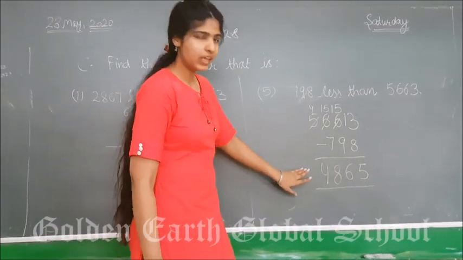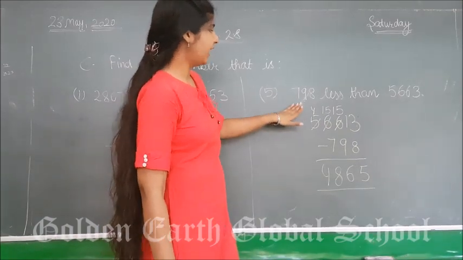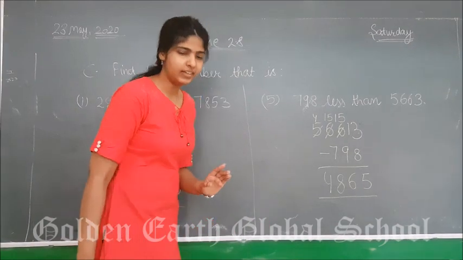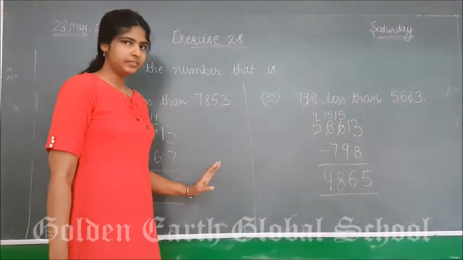So 4865 is the number that is 798 less than 5663. The rest parts you have to solve by yourself. Clear?